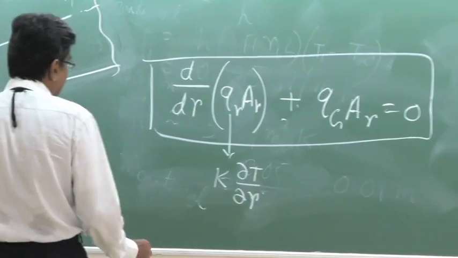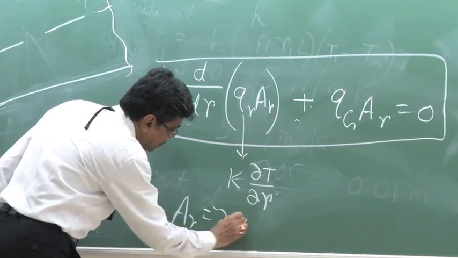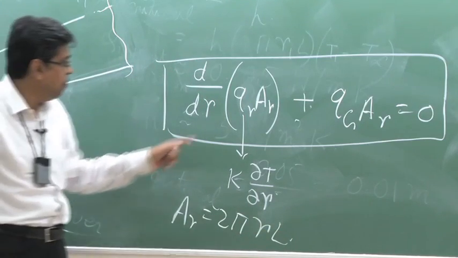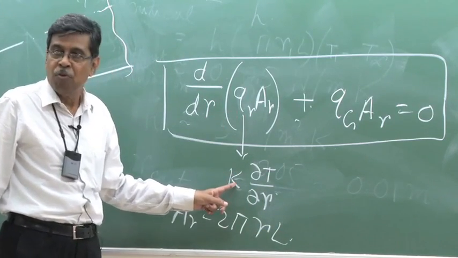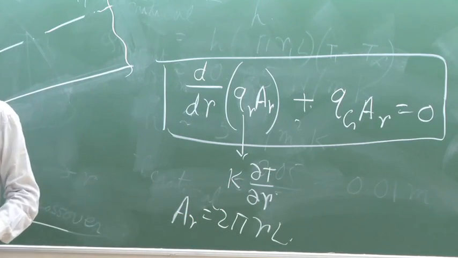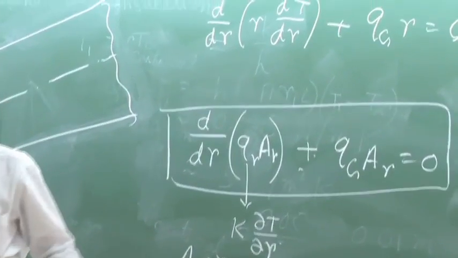And AR in case of a cylinder is twice pi RL. So if you put that, this is Fourier law of heat conduction, and you consider K to be constant, then you get this equation for the cylindrical coordinate system.